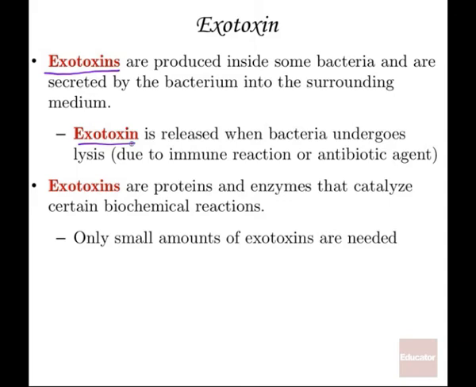But sometimes, and even more importantly, when this bacteria undergoes lysis, then we get a release of the exotoxin. Sometimes that can happen due to an immune reaction or to an antibiotic agent, for instance. These exotoxins are proteins, they're enzymes, and they catalyze certain biochemical reactions, and often you don't need that much exotoxin to create these disease symptoms.